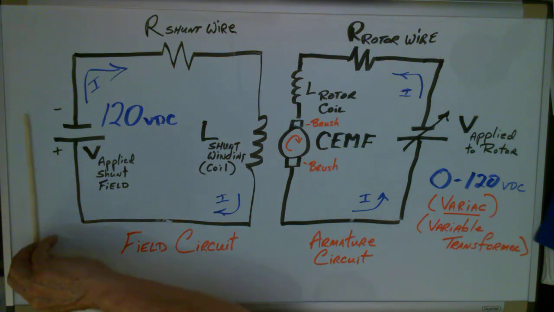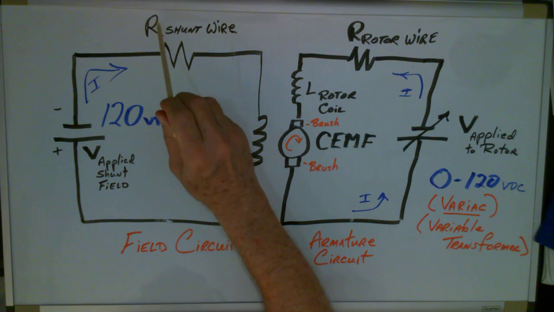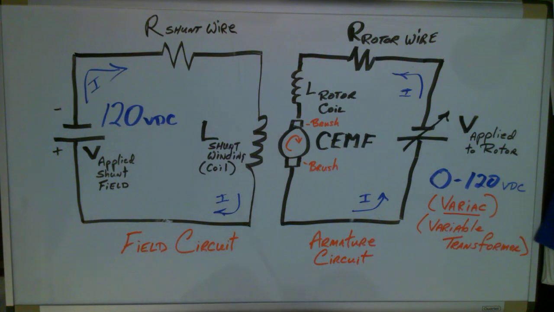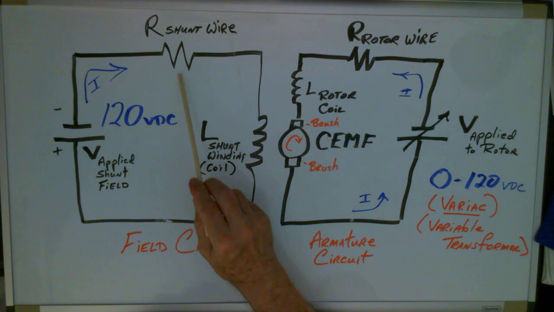So where does this resistance right here come from? That resistance is part of the nature of copper wire. All wire has resistance. Fat, large diameter wire tends to have less resistance than small diameter wire. But it's always present, and it is the reason that wire gets hot.